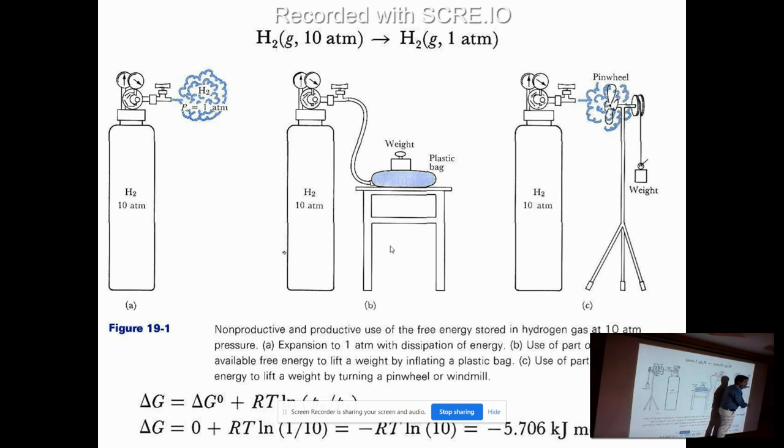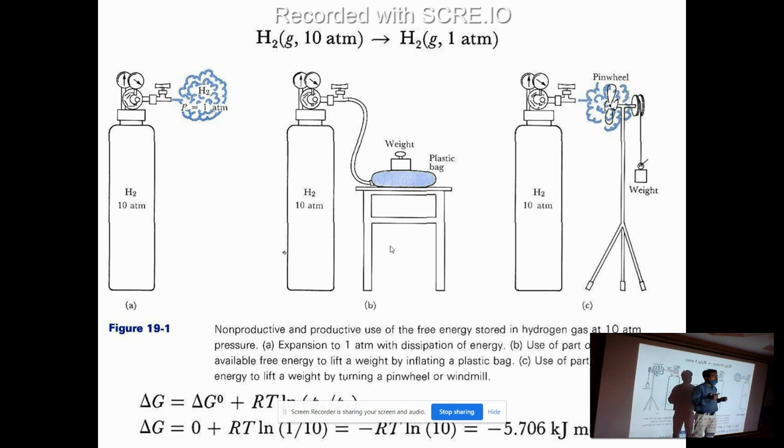See, inside the cylinder, I have maintained the pressure of hydrogen as 10 atmospheres. But once I release the valve here, hydrogen will be out of the cylinder. So, what is the pressure of the hydrogen outside? 1 atmosphere, because it's atmospheric pressure, where my atmosphere pressure is 1 atmosphere. So, that means hydrogen at 10 atmospheres is coming out as hydrogen at 1 atmosphere.